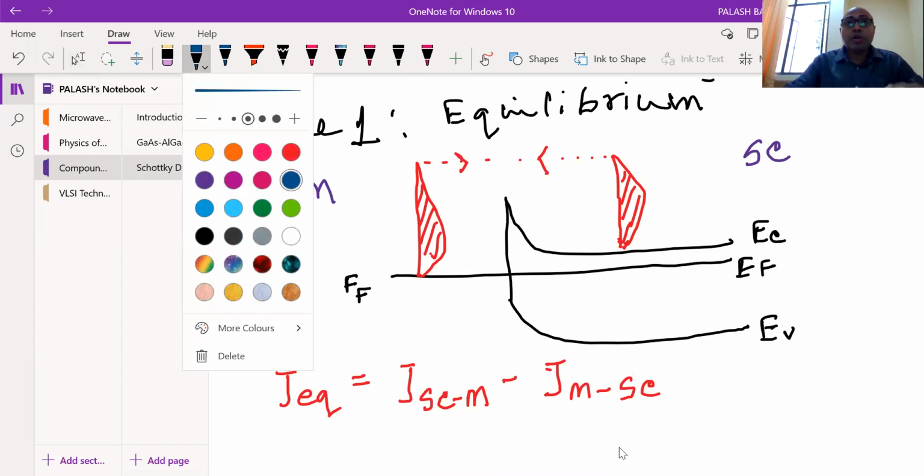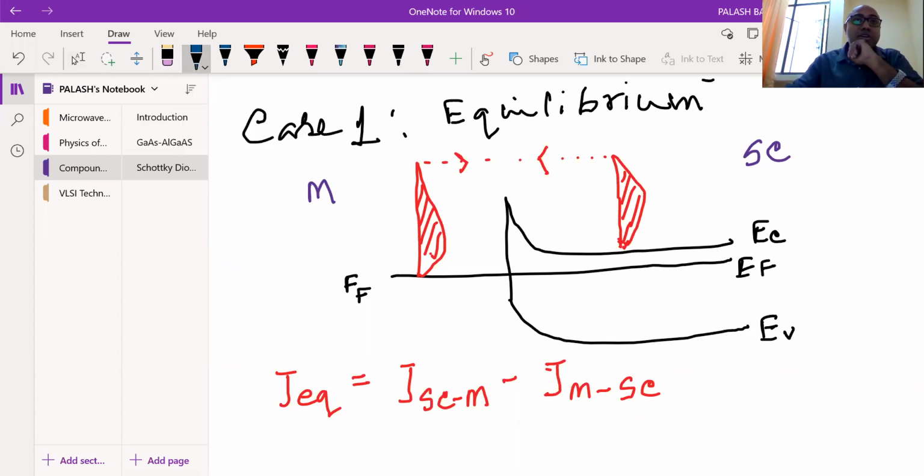Look at the metal side, you have some carriers. Let's go to the other side. You have a semiconductor and it is an N-type semiconductor. Suppose from the semiconductor side, some current is going to the metal side.